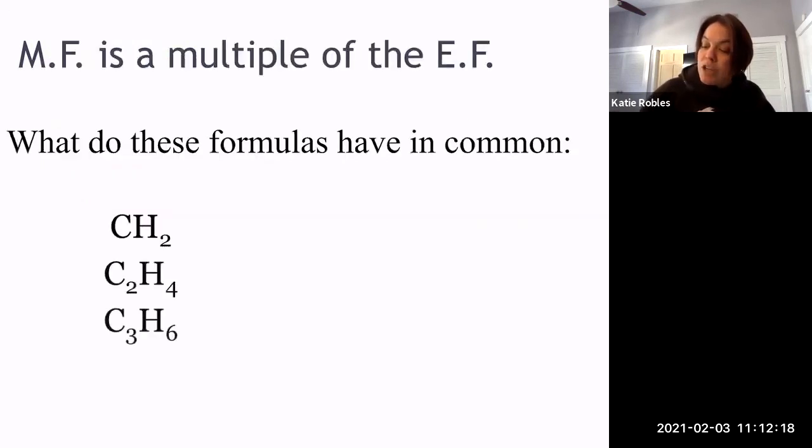So you can look at these formulas right here, and you can think to yourself, all right, what do these have in common? We've got CH2, C2H4, C3H6, C4H8. These all have the same empirical formula, right?